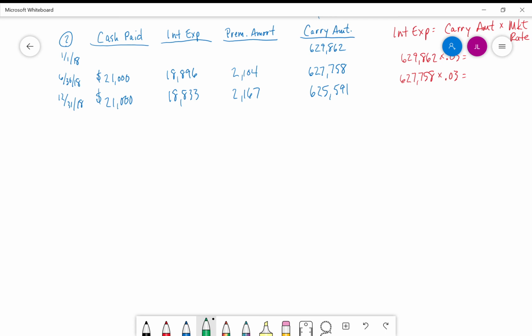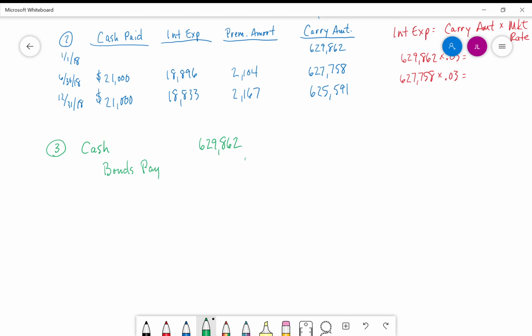So number 3 is just journalization. If you remember, the cash we received is $629,862. As the issuing company, we receive cash, and we're going to debit that for the $629,862. We know the face amount on the bond is $600,000, and that's going to be our bonds payable.